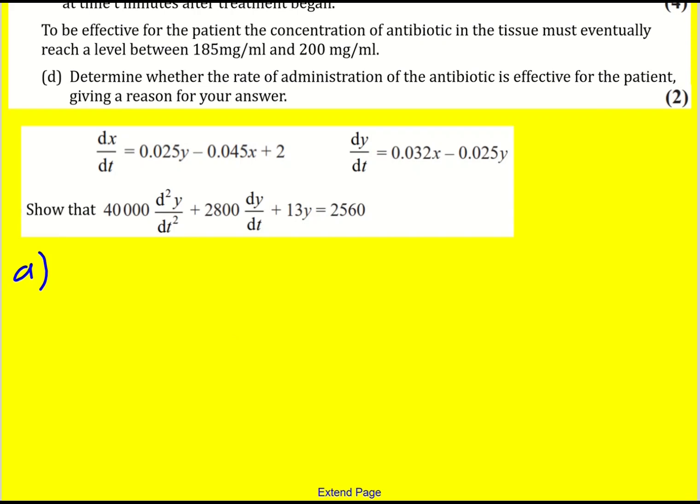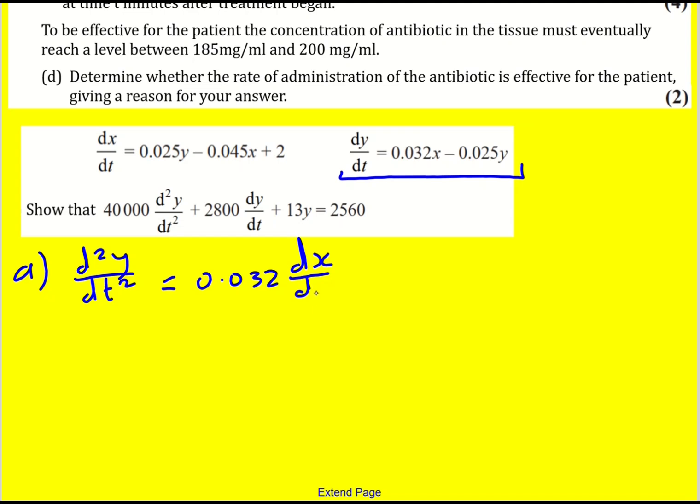All right, well, the first thing I'm going to do is differentiate the right-hand equation, because then we'll get the second derivative. And this will equal 0.032 times the first derivative of x with respect to t minus 0.025 times dy by dt. So this bit is sorted, but I want to get dx by dt now in terms of y.